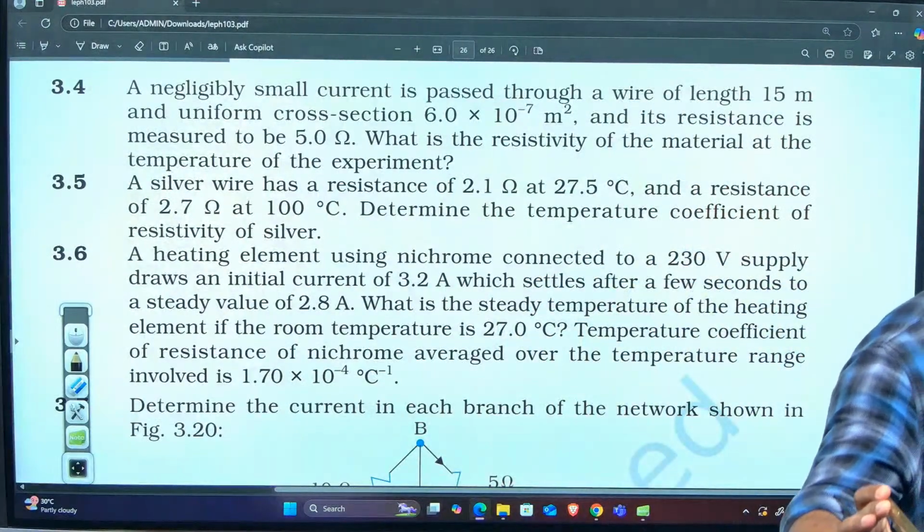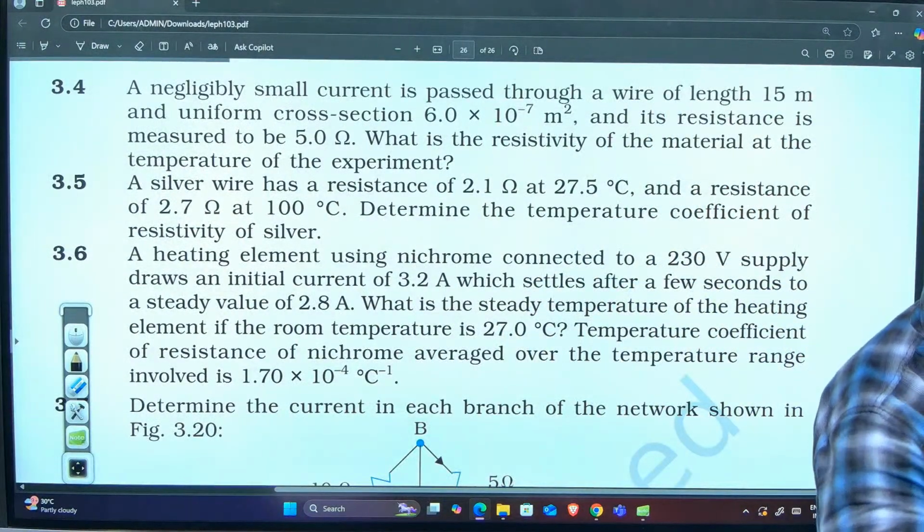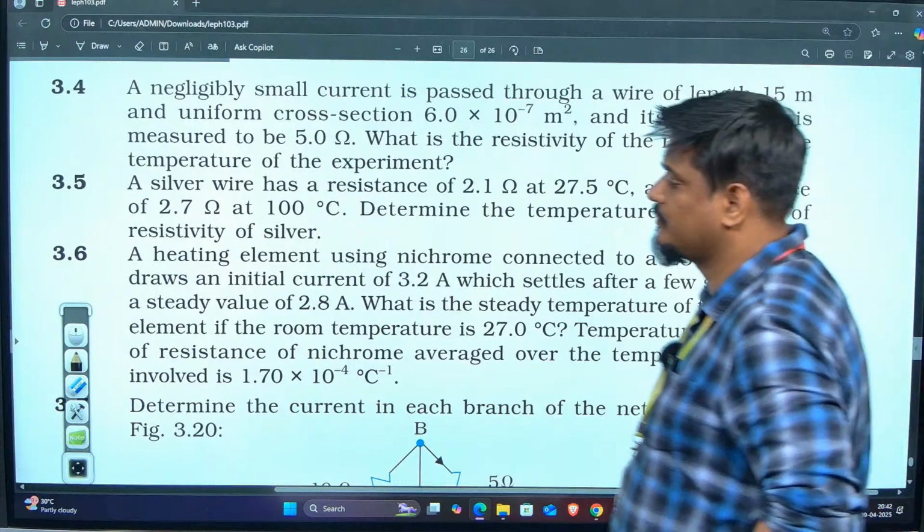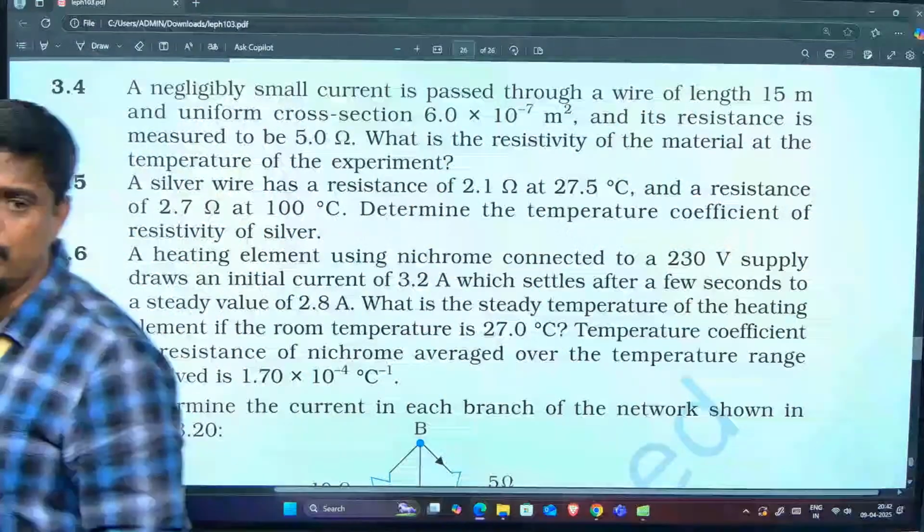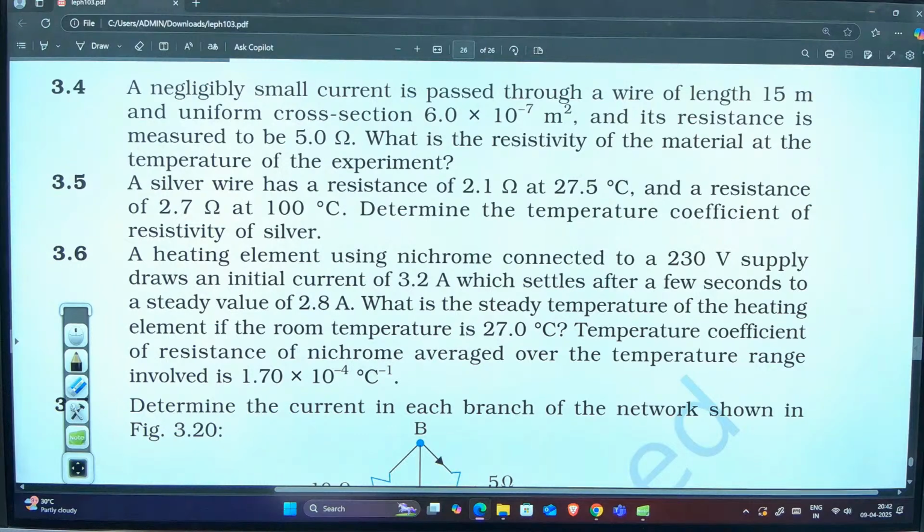You have to update your name and phone number in this. If you have got, go to 3.5.